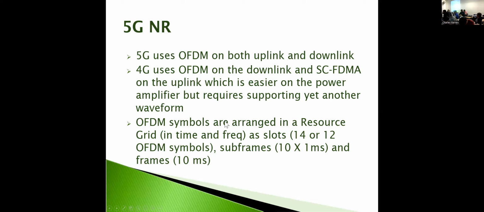The OFDM symbols are arranged in a resource grid in both time and frequency as slots, which are composed of a number of different symbols, subframes, and then frames. So a frame is about 10 milliseconds long, and it's got 10 subframes in it. And each subframe has a bunch of slots, and each slot has a bunch of symbols in it. Okay, and each symbol has a bunch of subcarriers in it, right?